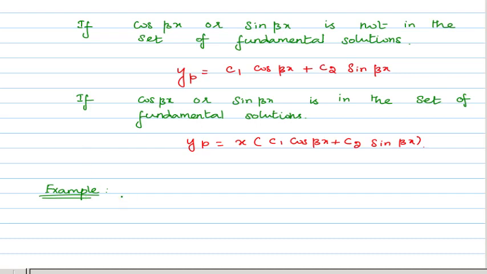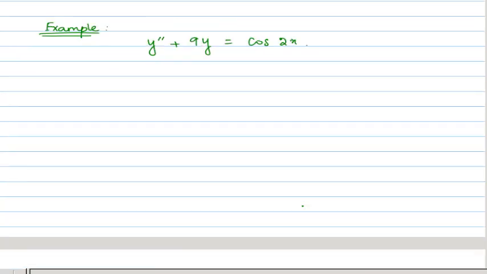y double prime plus 9 times y equals cos 2x. This is my given equation. I am going to solve using the method of undetermined coefficients.